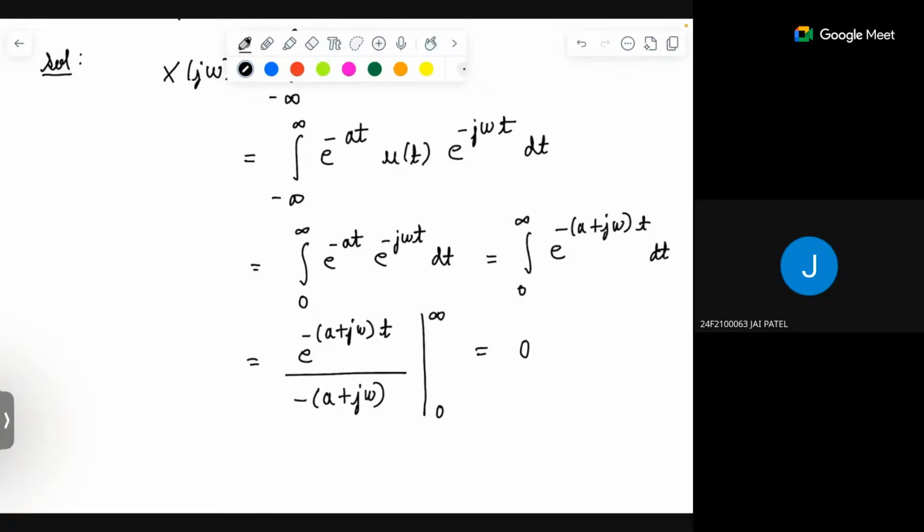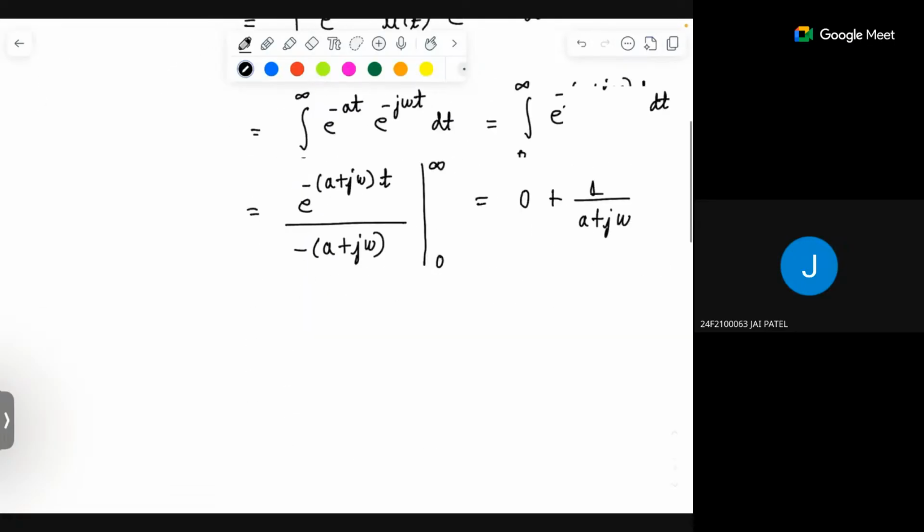Then next I substitute t equal to 0. That becomes e raised to the power of 0. That is 1. And the sign, because of the lower limit, and this one will make it positive. Minus minus plus. So plus 1 upon a plus j omega.